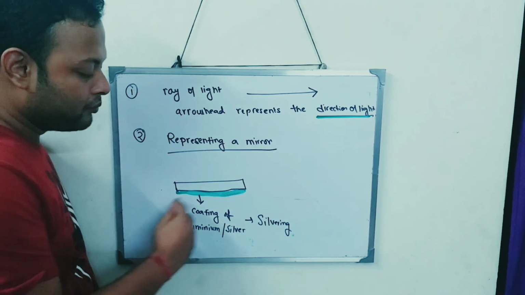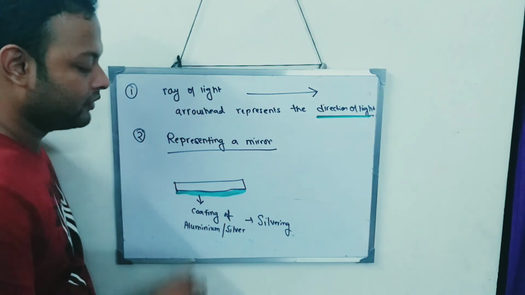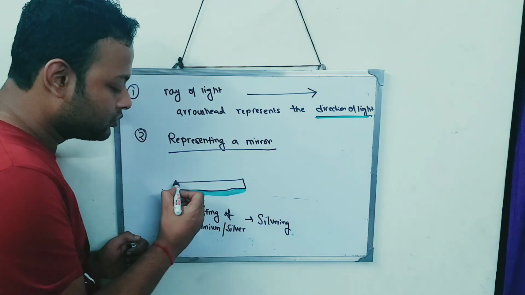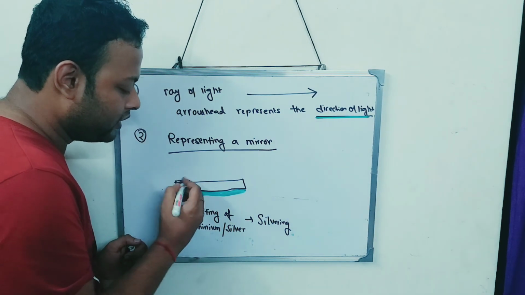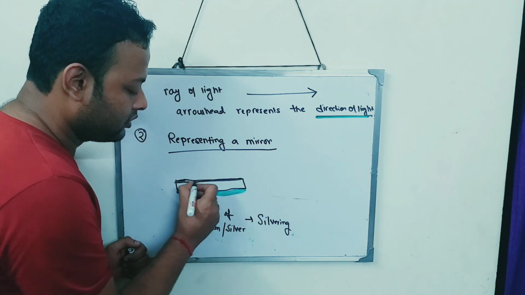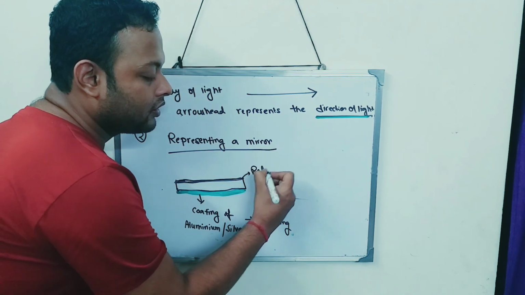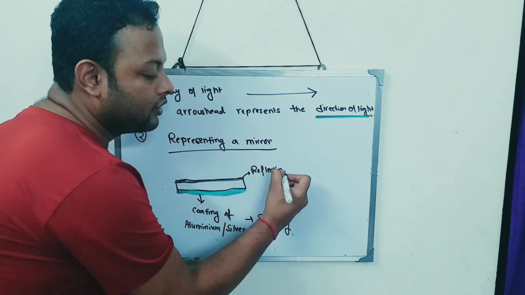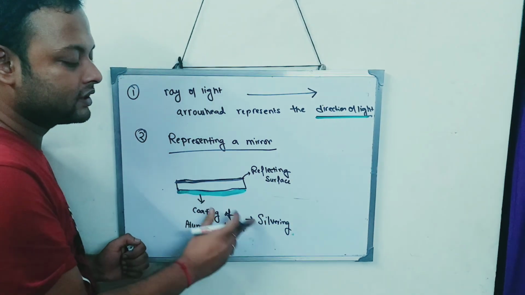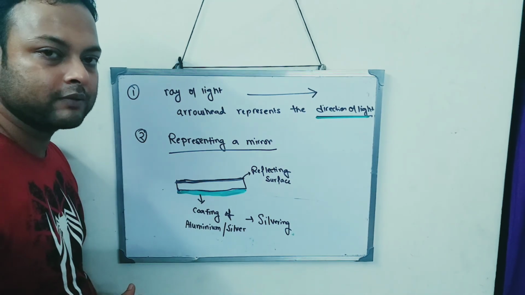If you coat the bottom surface with silver or aluminum, then the top surface is your reflecting surface. So one side is the silvering surface, and the other side is the reflecting surface.